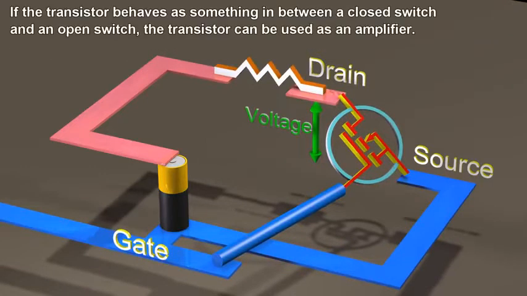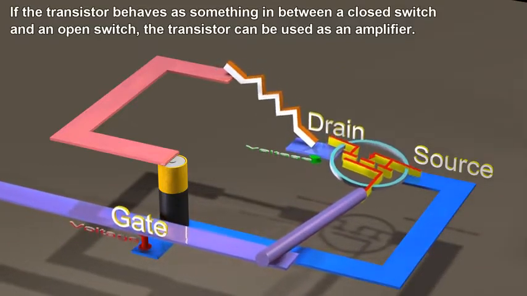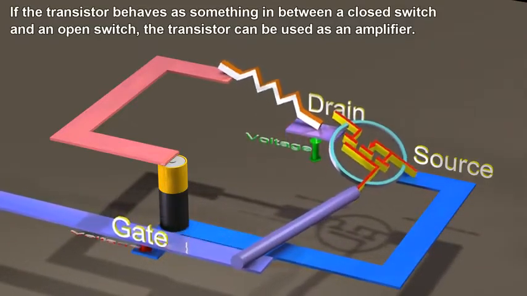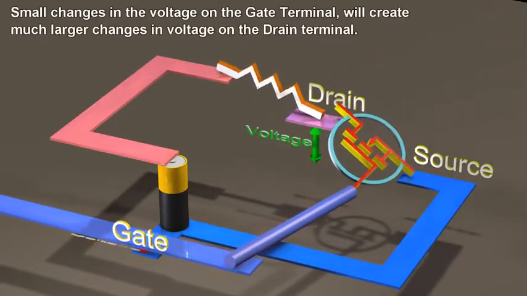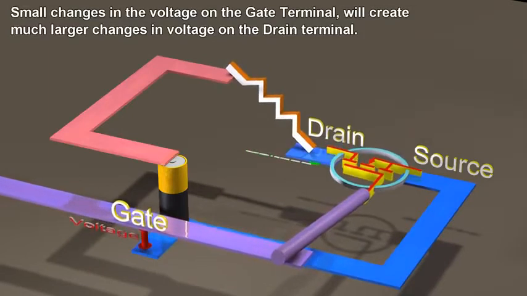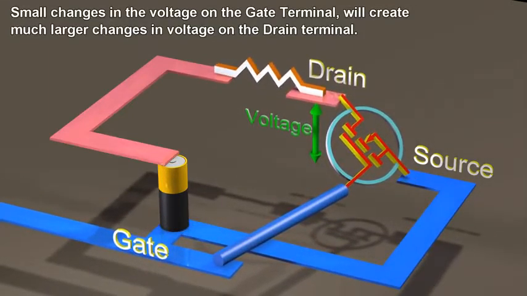If the transistor behaves as something in between a closed switch and an open switch, the transistor can be used as an amplifier. Small changes in the voltage on the gate terminal will create much larger changes in voltage on the drain terminal.